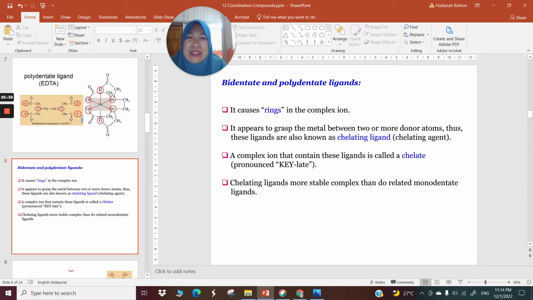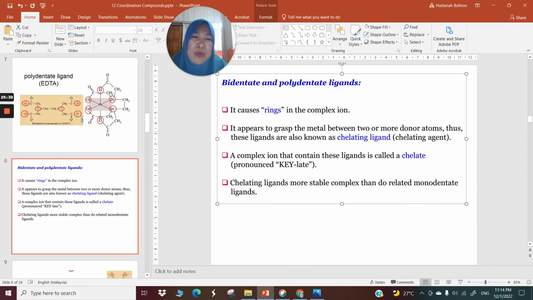Now, the ligand appears to grasp the metal between two or more donor atoms. Therefore, these ligands are also known as chelating ligand. Chele, C-H-E-L-E, is from Greek word translating to English as claw, like a crab's claw, a crab's pincer, the claw.